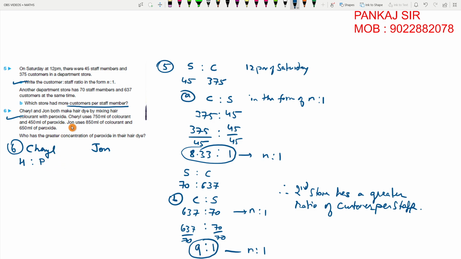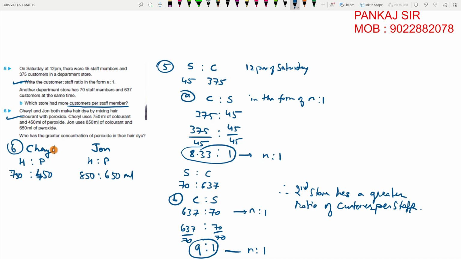Now Cheryl uses 750 ml of colorant and 450 ml of peroxide. So 750 ml is to 450 ml is the ratio of hair colorant to peroxide made by Cheryl. John, on the contrary, uses 850 ml is to 650 ml, the same ratio, hair colorant to peroxide.